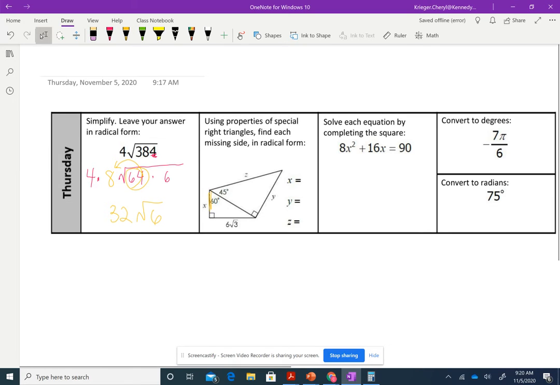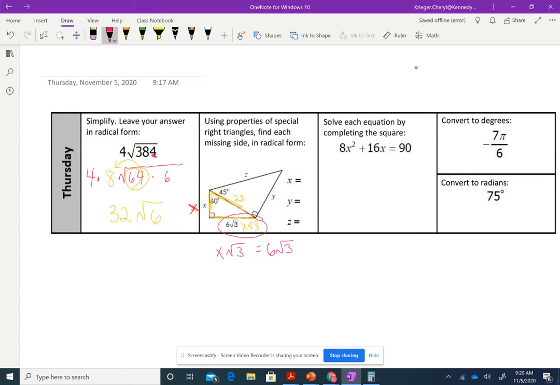So here's my 30, 60, 90 right triangle, and I have sides x, x root 3, and 2x. This one looks like it's going to be easy. So I have 6 root 3 equals x root 3. I set x root 3 equal to 6 root 3, and I'm solving for x, right? That's this x right here.